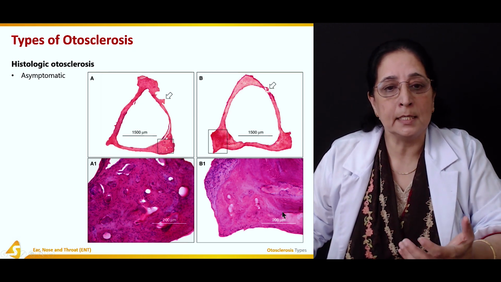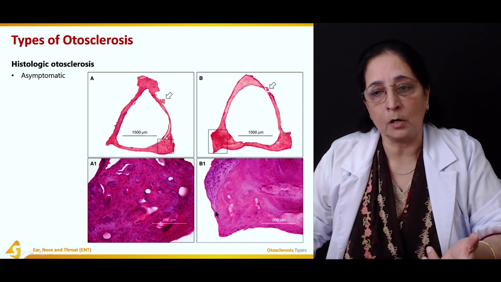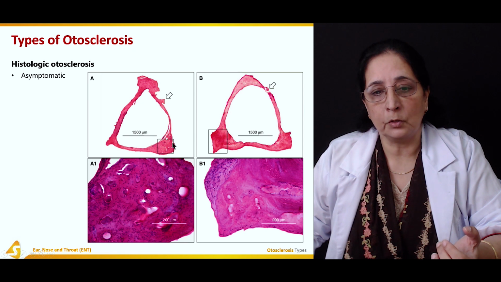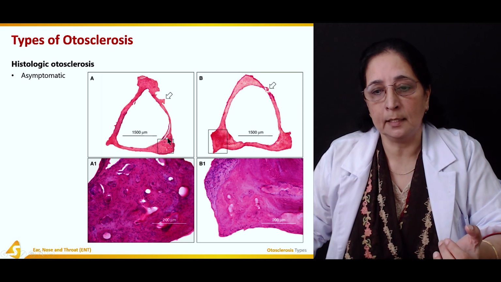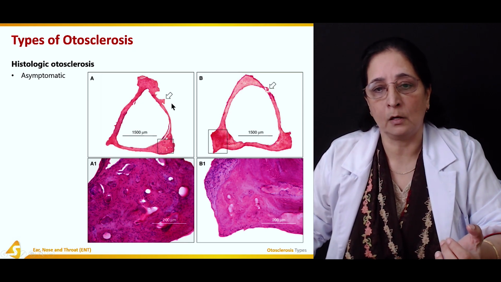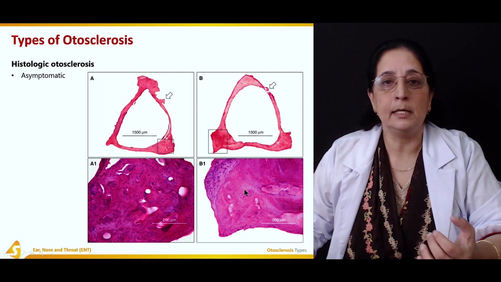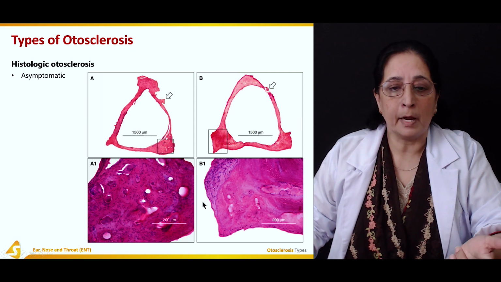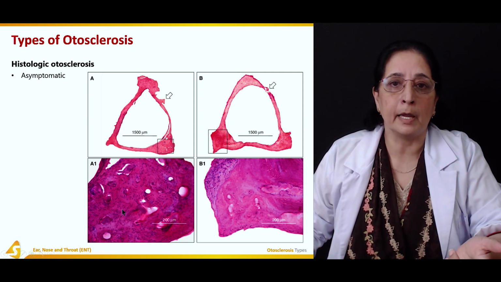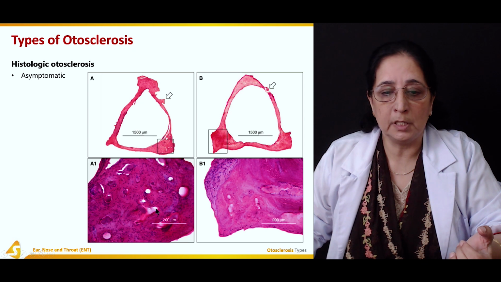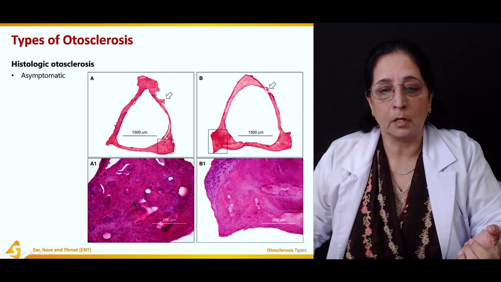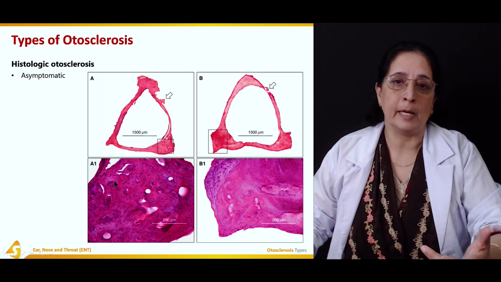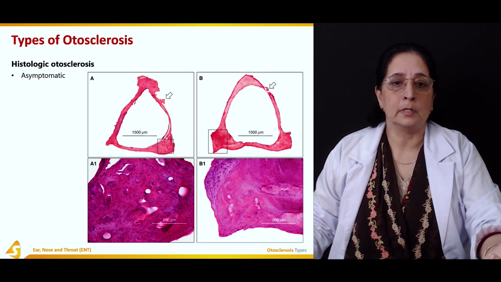Here you can see the otosclerotic bone present. These are the otosclerotic foci, and when histology is performed, on the microscopic picture you see otosclerotic changes present. So it's a completely asymptomatic type of otosclerosis.